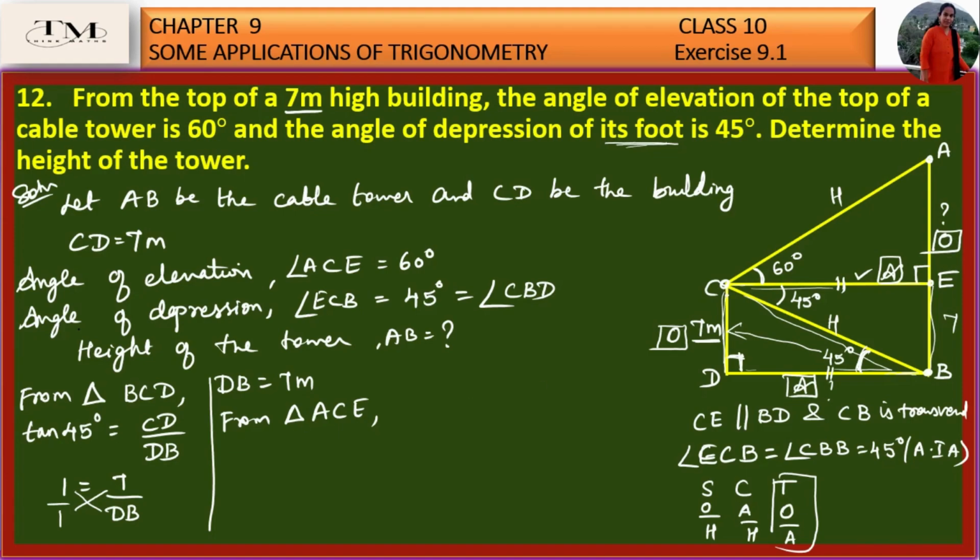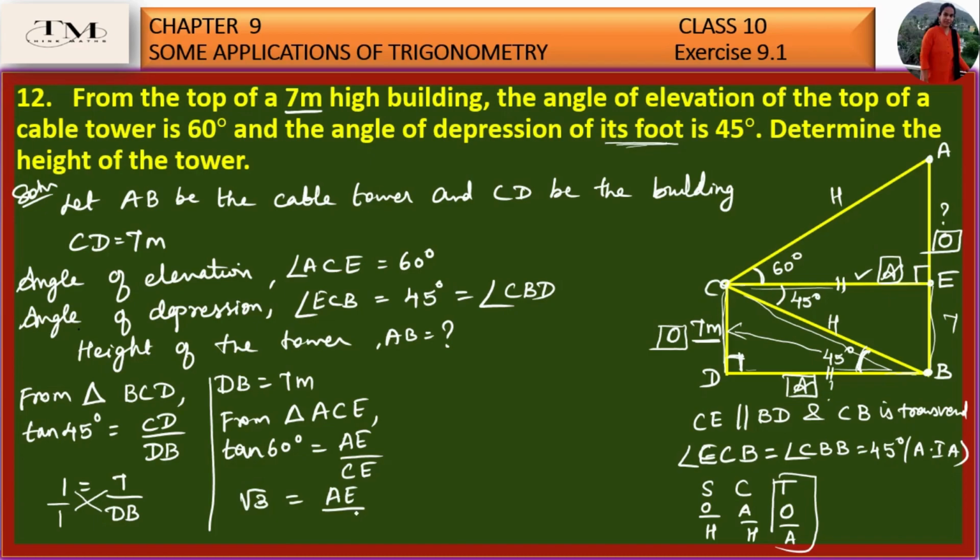From this triangle, it is between opposite and adjacent, so the same tan ratio matches. So it is tan 60 degree. Tan 60 is equal to the opposite side, which is AE, divided by the adjacent side, CE. What is tan 60? Tan 60 is root 3. AE we have to find out, divided by CE.